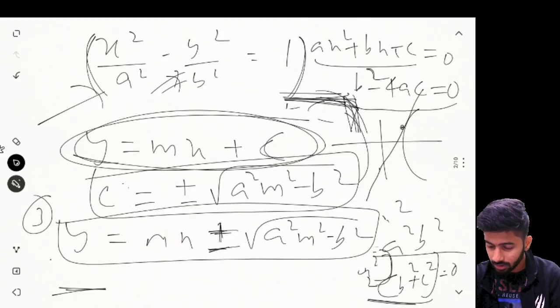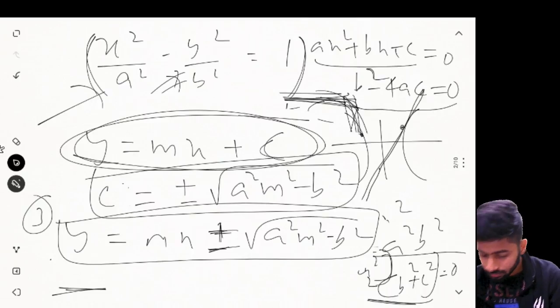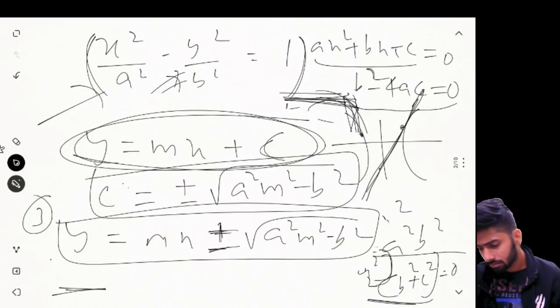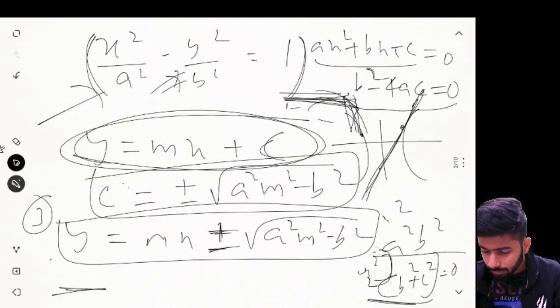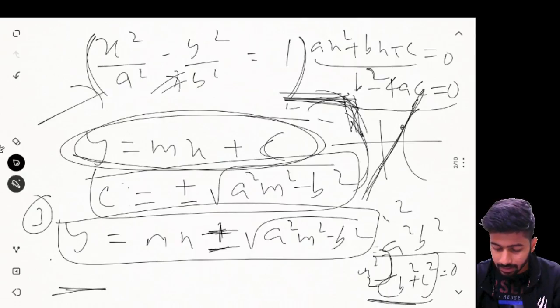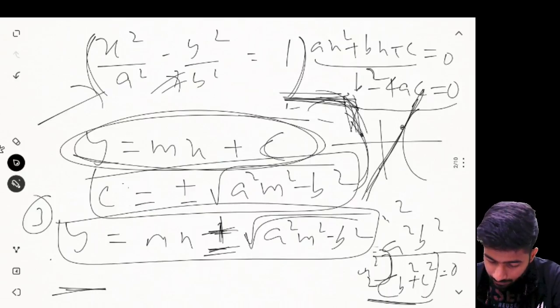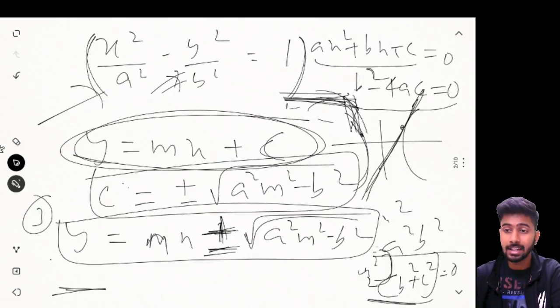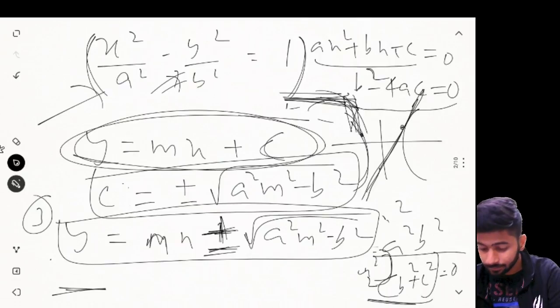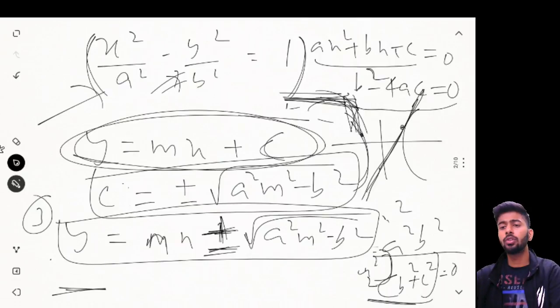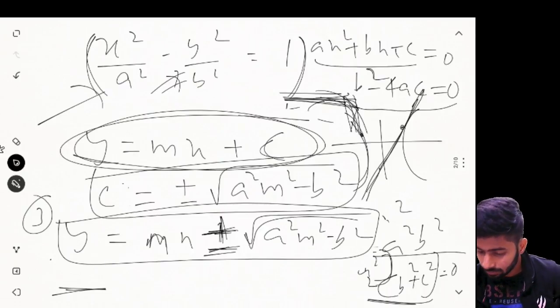This is a tangent, and for the similar, basically what this means is, we'll actually understand what this plus or minus means. It means that you have two straight lines which are differing just by a constant. That means the slope for both the straight lines is the same, only the constant is differing, right? That means you can have two tangents drawn to the parabola at a given x coordinate.